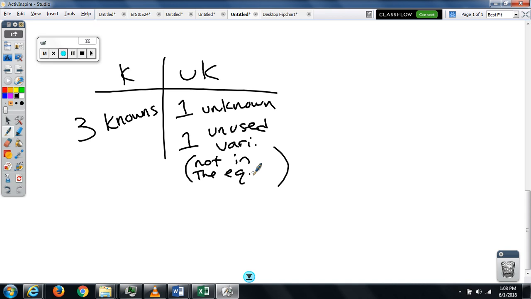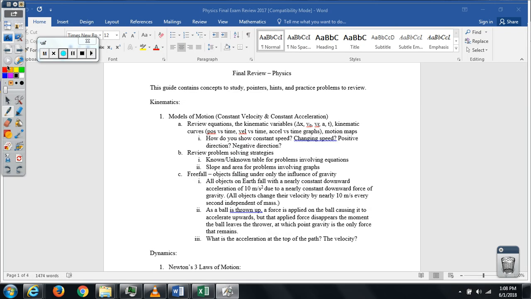Alright. So now let's look at the next concept on this list, which is free fall. Objects falling under only the influence of gravity. All objects on Earth fall with a constant downward acceleration of 10 meters per second squared. It's nearly that, because it's actually negative 9.8. We round it up to 10, which is acceptable for use on the exam.